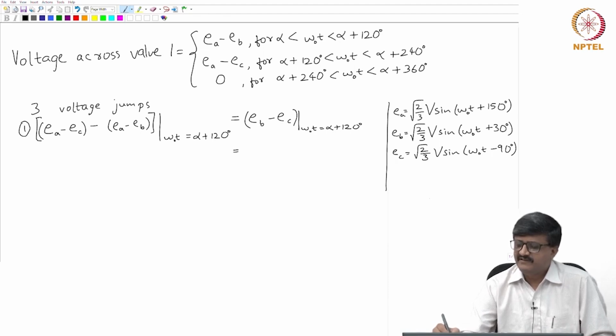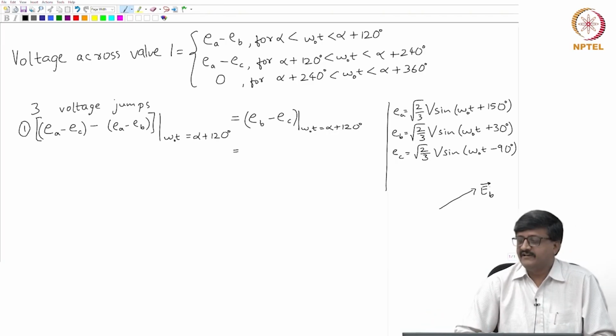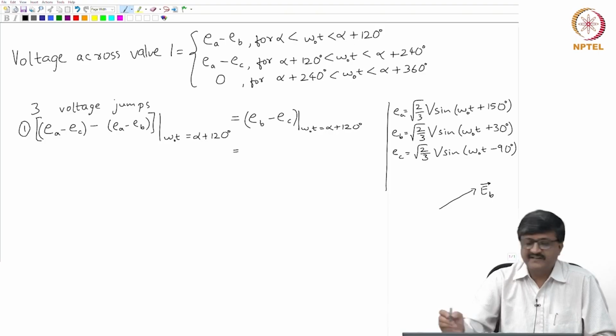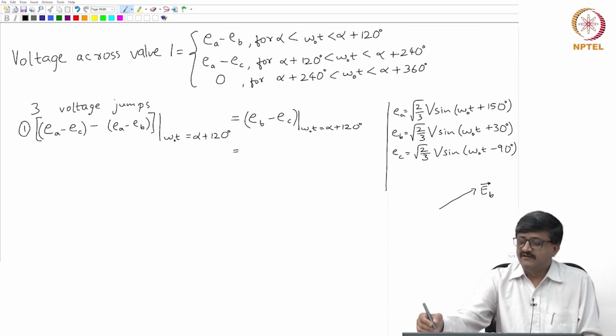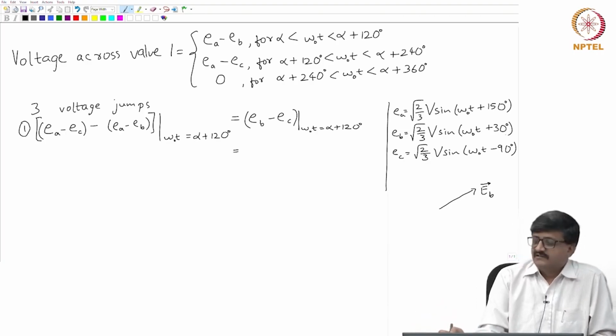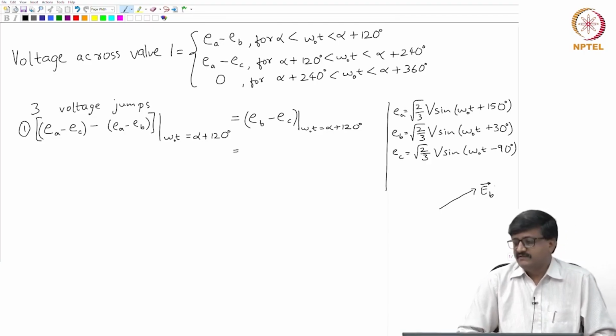The phasor EB is shown with a phase angle of 30 degrees. Okay. Suppose I take the angle of the phasor as the phase angle of the instantaneous waveform. So, I just take the argument of the sine function minus omega OT. That gives the phase angle. So, that is taken as the angle of the complex EB.